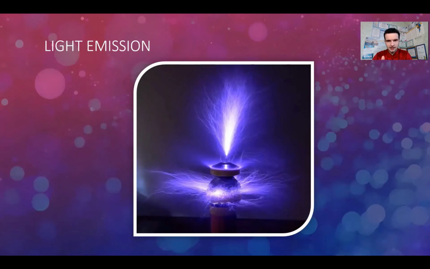You can see that the colors of the light are light blue, blue, violet, but the biggest part of this coronal discharge is in the ultraviolet spectrum. It means we cannot see this part with our own eyes. We need to use ultraviolet video cameras in order to register this ultraviolet emission.